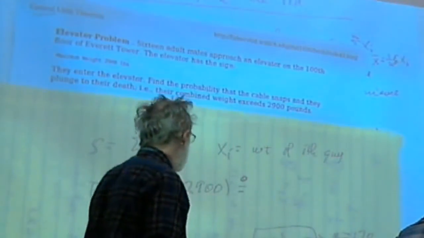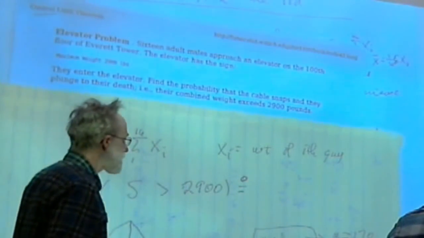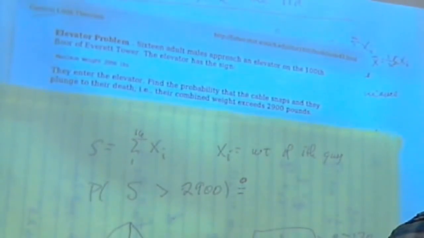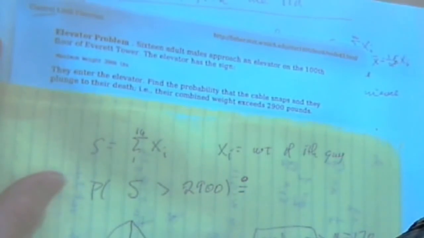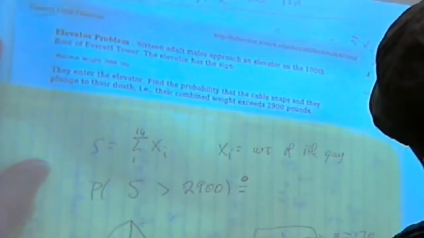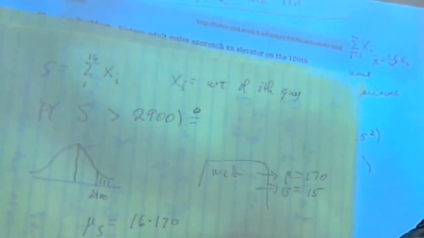Then, because we have 16 items, I know the mean of S is just 16 times 170. And the standard deviation is root 16 times 15, so this is 60.